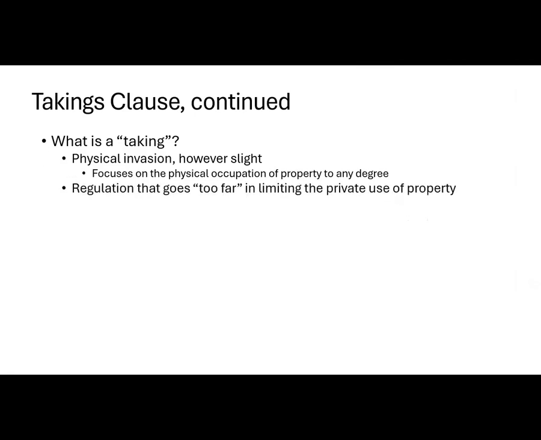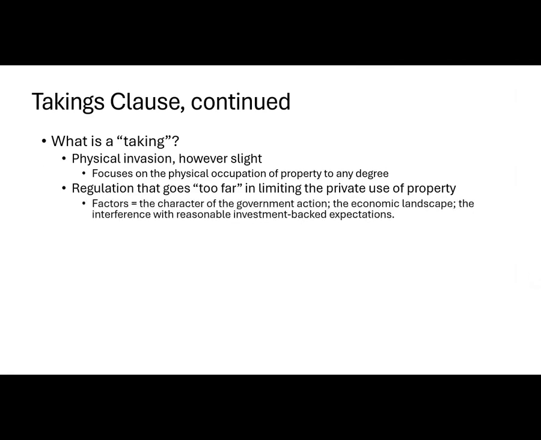A taking can also occur through regulations that limit the private use of property by its owner. If a regulation goes too far, it will be considered a taking. And whether it has gone too far is determined on a case-by-case basis and through the analysis of three factors: the character of the government action, the economic landscape, and the interference with reasonable investment-backed expectations.